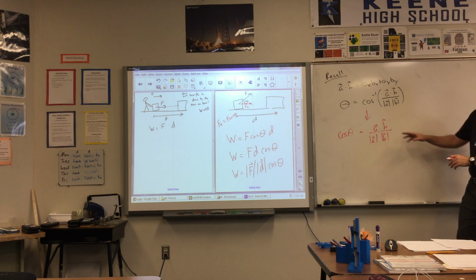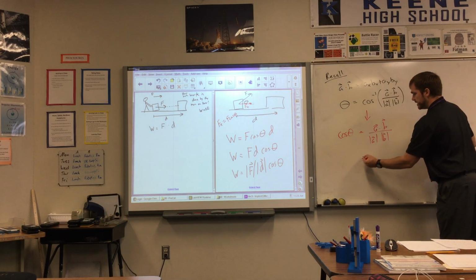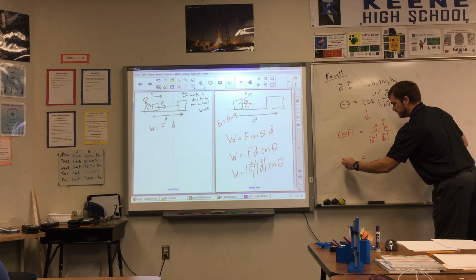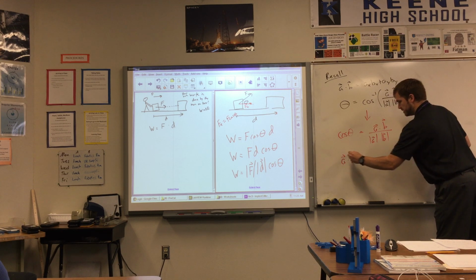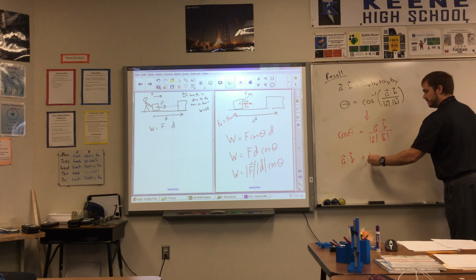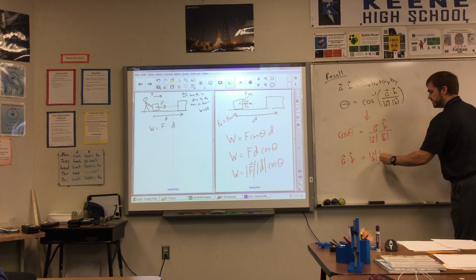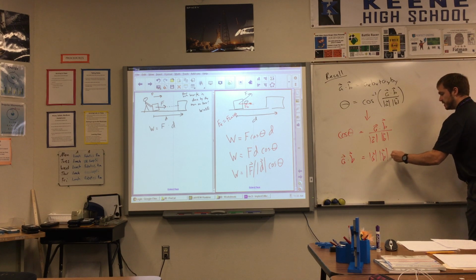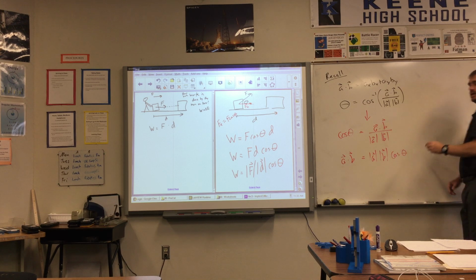Last step here, almost. I'm going to multiply both sides by the magnitude of A times the magnitude of B. And so what I get is A dot B is equal to the magnitude of A, the magnitude of B, times the cosine of the angle in between them.